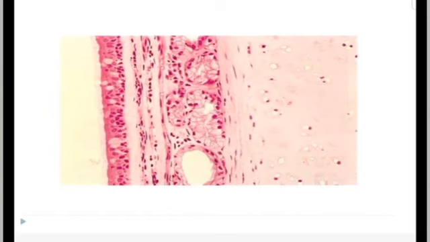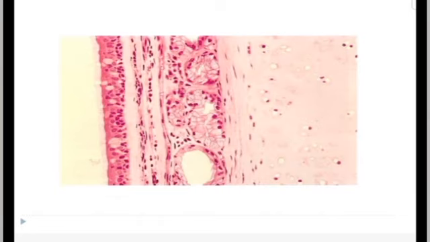The gap between the posterior free ends of each C-shaped cartilage is bridged by a band of fibroelastic connective tissue and a bundle of smooth muscle fibers, which is known as the trachealis muscle. The contraction of the trachealis muscle results in a decrease in the tracheal diameter.